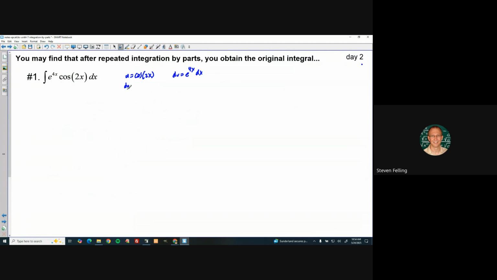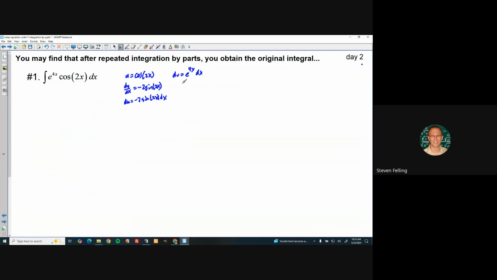So we do the derivative, du dx here, is equal to the derivative of cosine, which is negative sine, but the chain rule is going to multiply by a 2. So negative 2 sine of 2x. So du is equal to negative 2 sine of 2x dx.